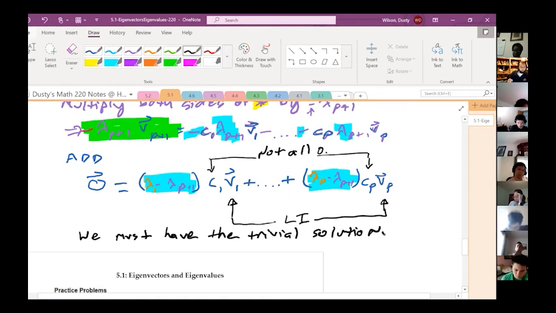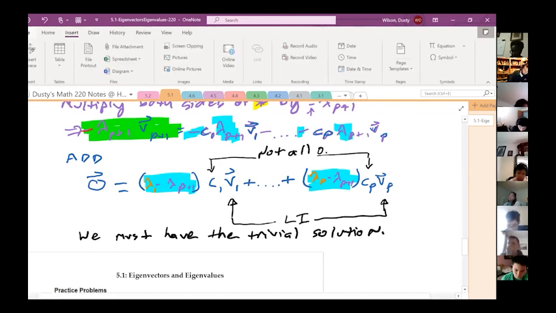Well, we know we're not getting the trivial solution from our c's, so we must be getting the trivial solution from our lambdas.